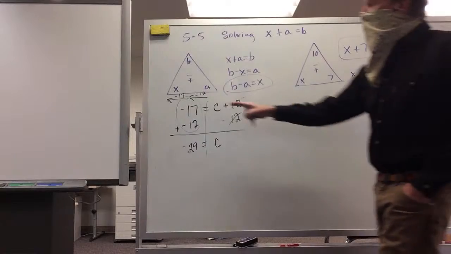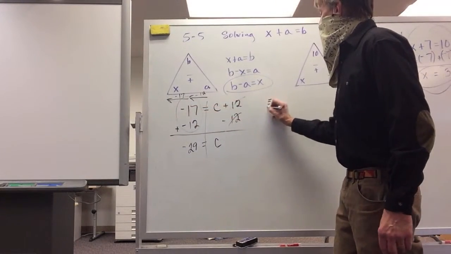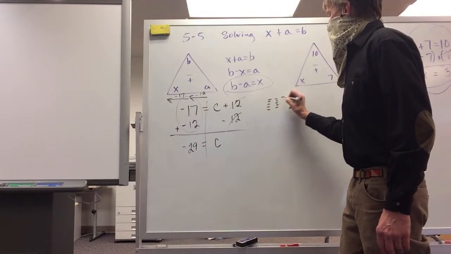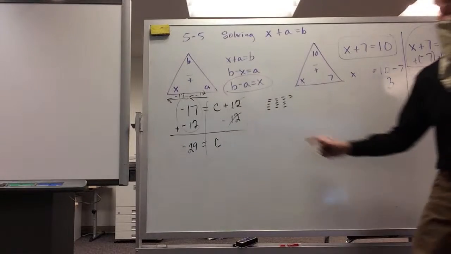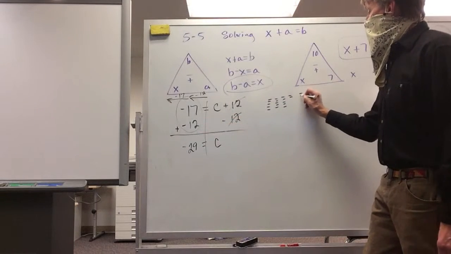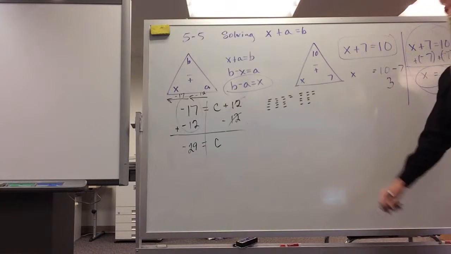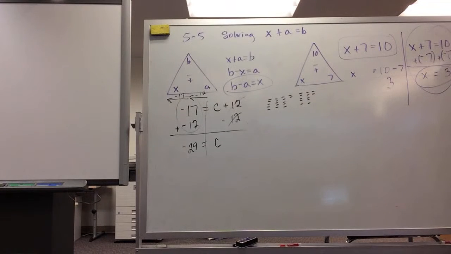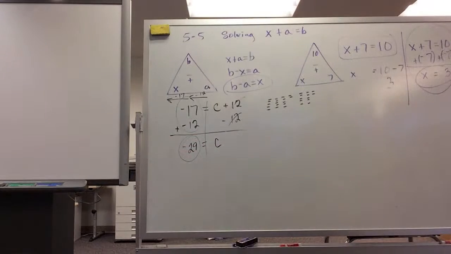Or if you need to envision this as counting, there's 17 negatives, and now you're going to add 12 more negatives. Everything's negative, right? So there's a total of 29 negatives. So I'll let you work with that after you're done with your quiz.